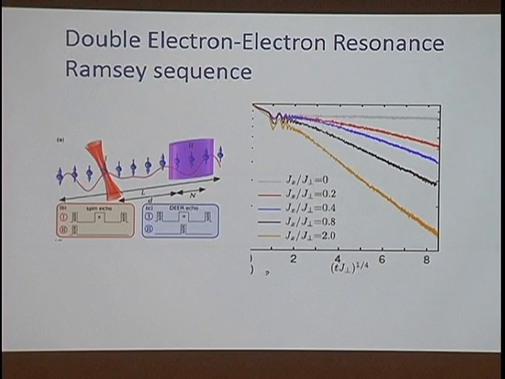And in fact, one can also see that this is a property of an interacting system, because now one can systematically change JZ. So this is the DEER protocol. When JZ is equal to 0, even adding this DEER part, messing up spins in region 2, doesn't prevent full revival, whereas as we increase JZ, the revival gets suppressed more and more.